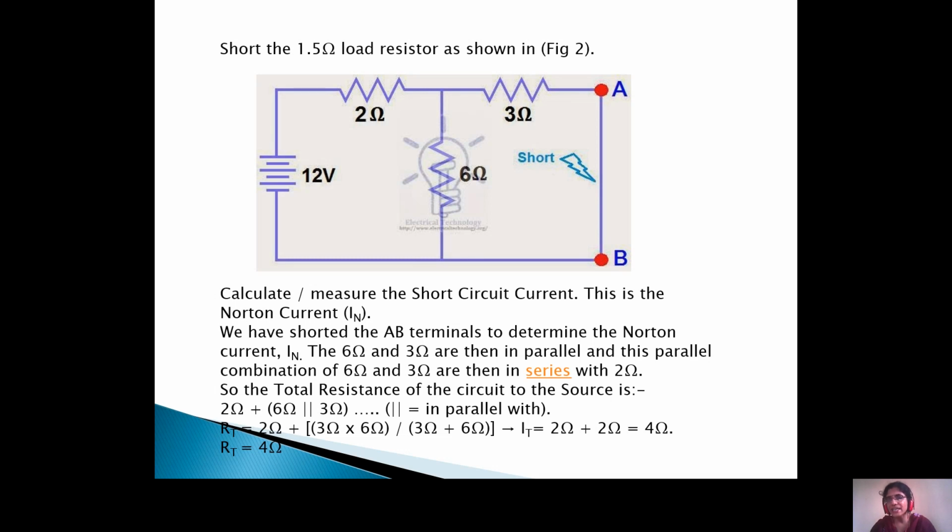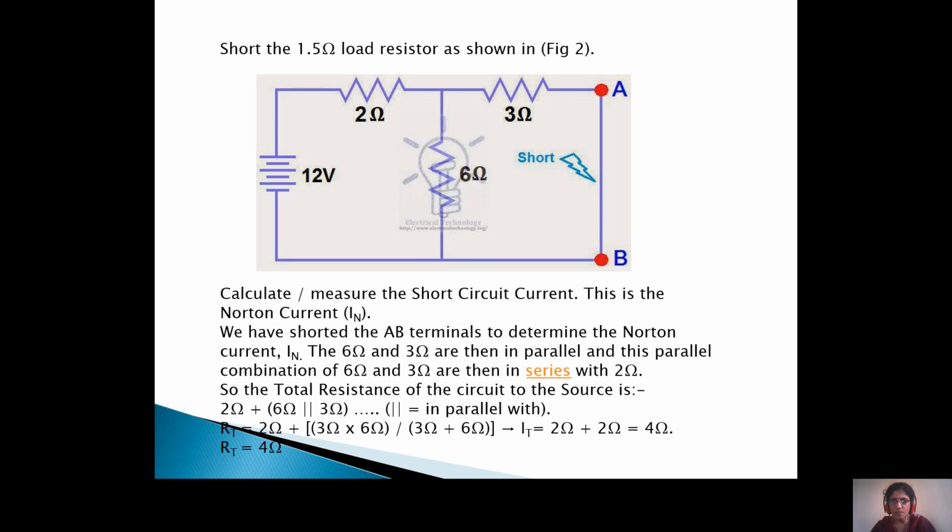Then the total current I is equal to V by R equivalent. I want to find the current at 3 ohms, because it is in series with the 3 ohms. So total current into opposite resistance by total resistance is the current flowing across the short.